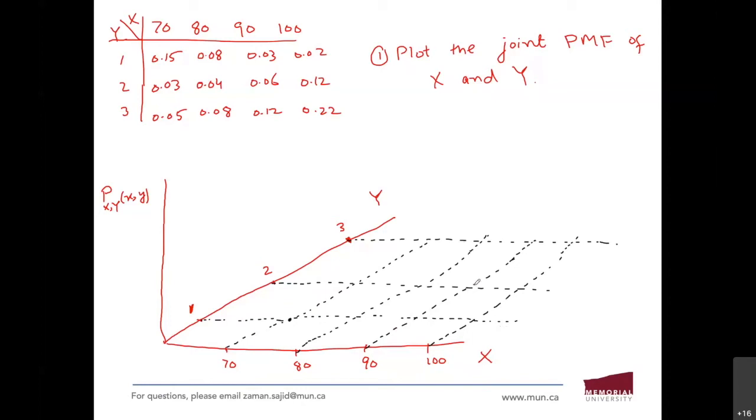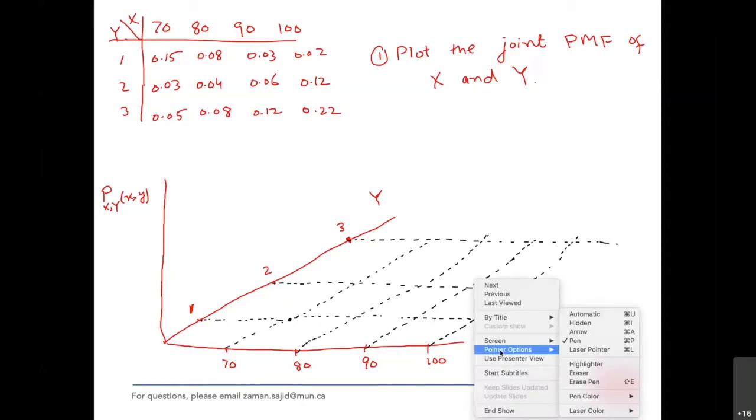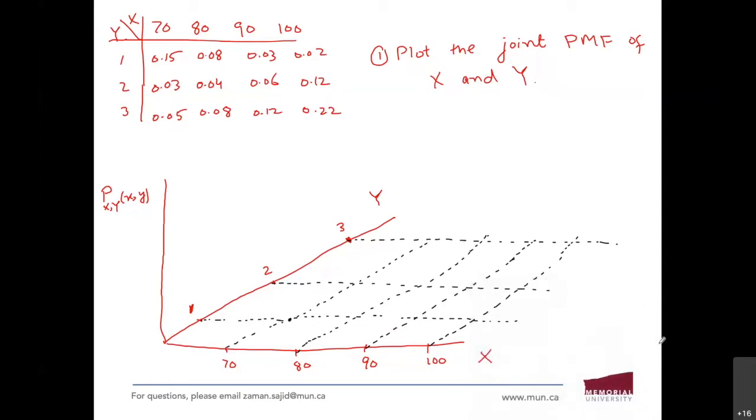Now I'm going to change my color here. Now this point where I have x is 70 and my y is 1, this is 0.15, and this is the axis for your joint probability. So what I need to do, I will just go 0.15 above this line, just the rough estimate.